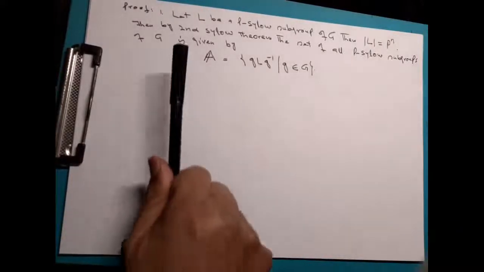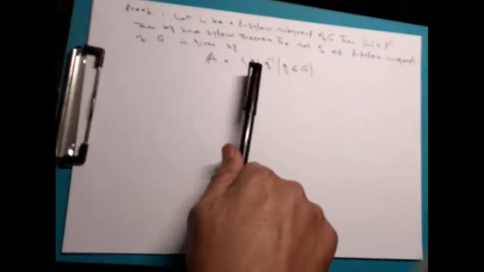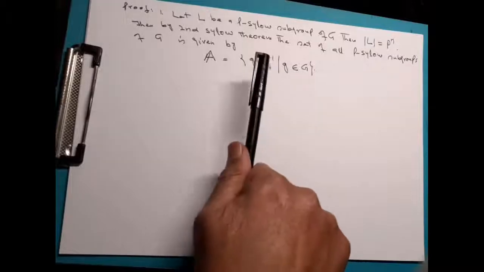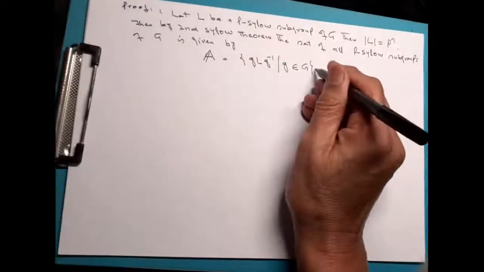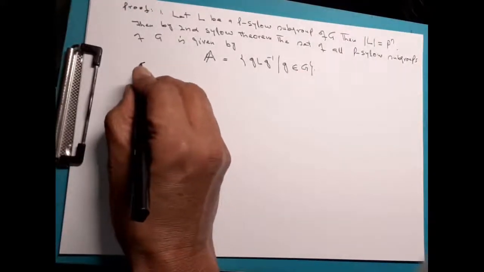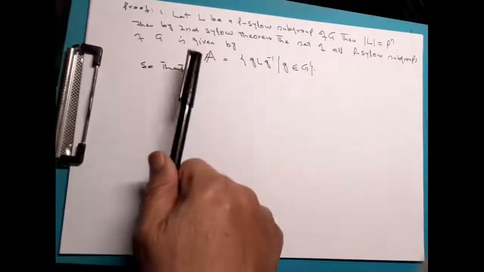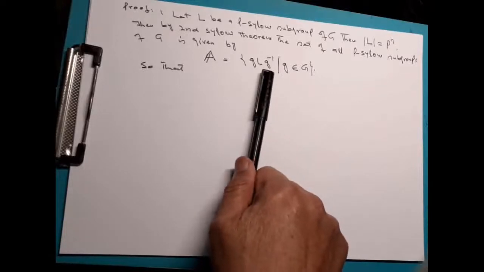So if we are given a p-Sylow subgroup of group G, then the set of conjugate groups of this particular p-Sylow subgroup will consist of all p-Sylow subgroups. This is a very important thing to note, so this set A consists of all the p-Sylow subgroups.